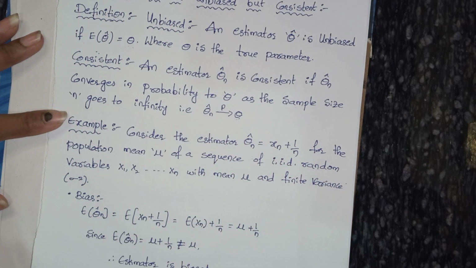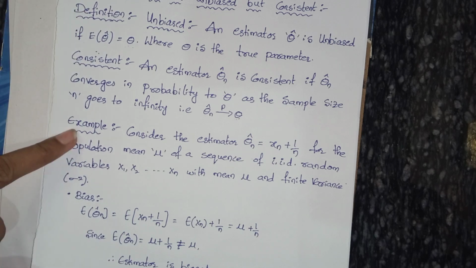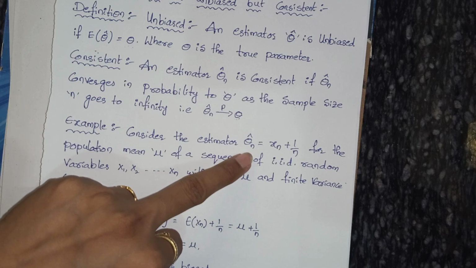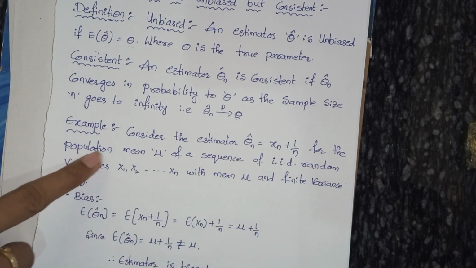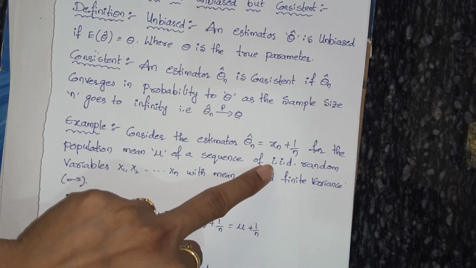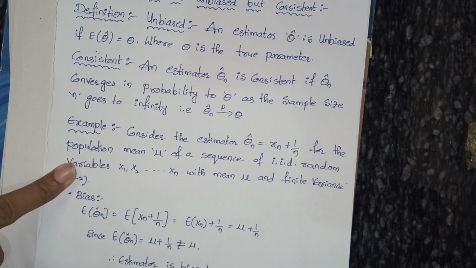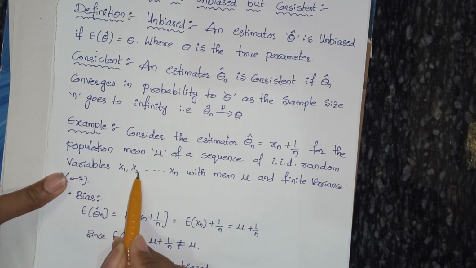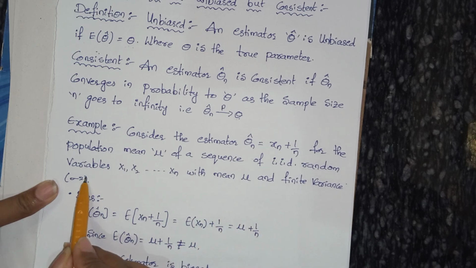Now let's see one example they asked. Consider the estimator theta n equals X bar n plus 1 by n for the population mean mu of a sequence of IID random variables X1, X2 and so on up to Xn, that is, identically and independent random variables with mean mu and finite variance sigma square.